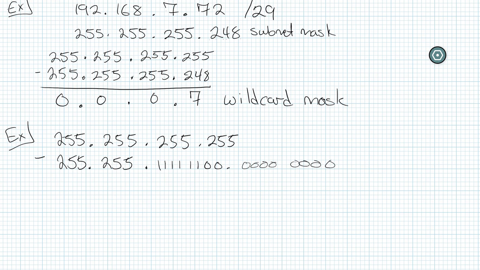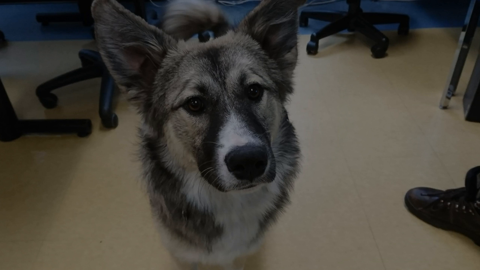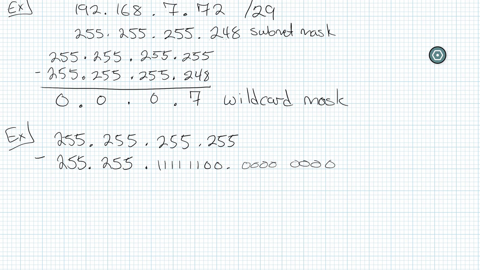So we're going to switch over to our Windows calculator in binary mode: 1, 1, 1, 1, 1, 1, 0, 0. So we have a full 8 bits, and we can see in decimal that's 252. So this portion becomes 252, and the last portion becomes 0.